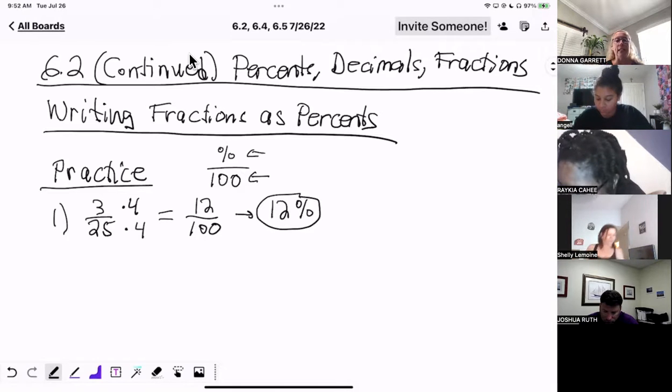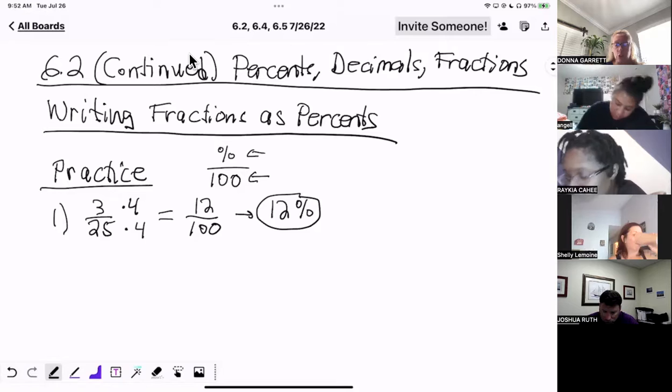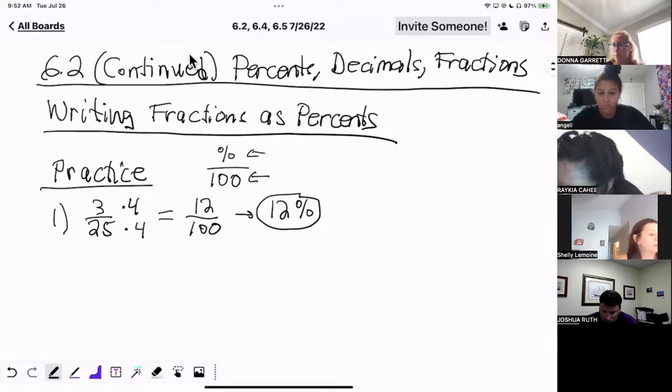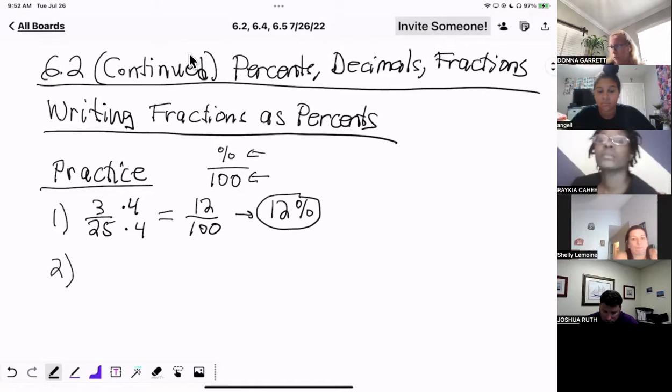So if you can get the denominator to be 100 by multiplying by something, you just multiply the numerator by it, and whatever the numerator becomes, whatever over 100 is your percent. Again, this is not for every problem. So when we get to a problem we can't do it, I'll show you how to do that one.